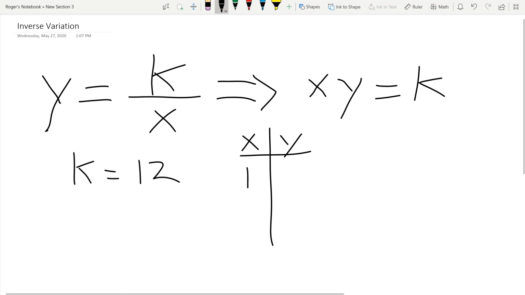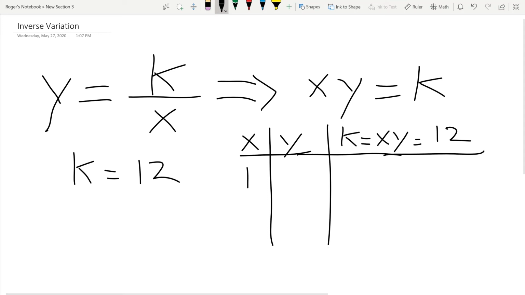If x equals 1, what is y? Well, remember that k equals x times y, and in this example it's going to be equal to 12. So if 1 times y must be equal to 12, then y would have to be equal to 12.